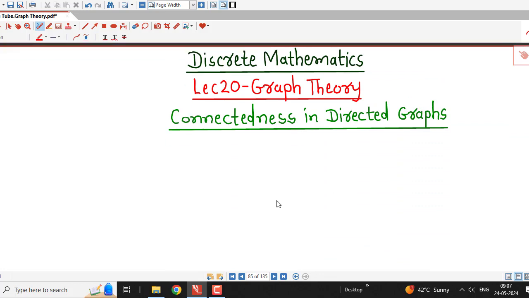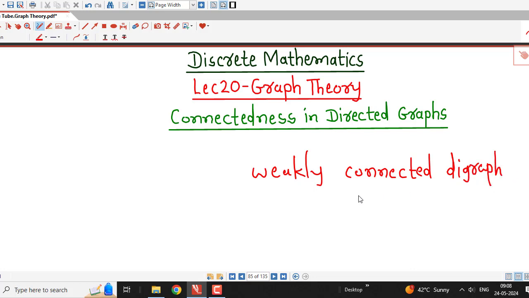First definition is a weakly connected directed graph, or weakly connected digraph. So a directed graph, say G equal to ordered pair V comma E, is said to be weakly connected if it is connected, if we consider it as undirected.